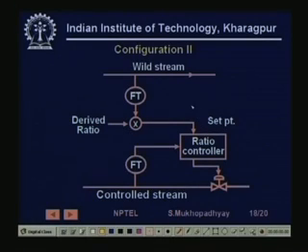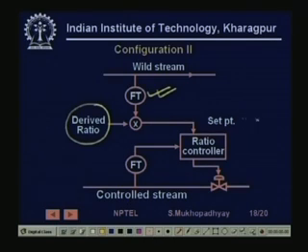There is another way by which you could do it. For example, in this configuration, this time you are actually providing the set point from the wild stream. You measure the flow rate in the wild stream. If you multiply by the desired ratio, what will we get? You will get, at this flow rate of the wild stream, how much of the controlled stream material should come.